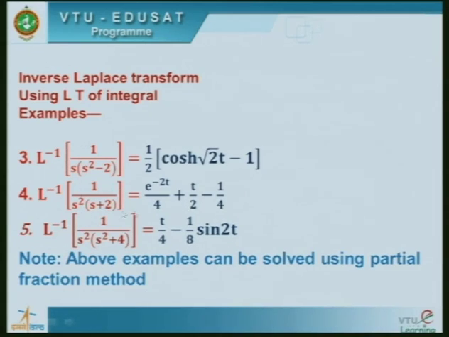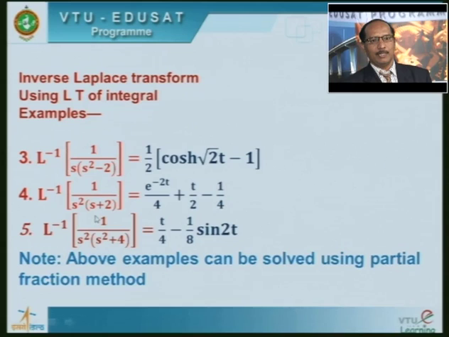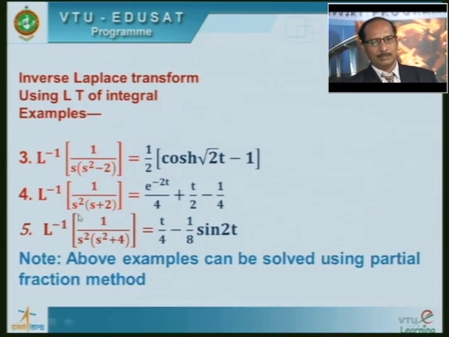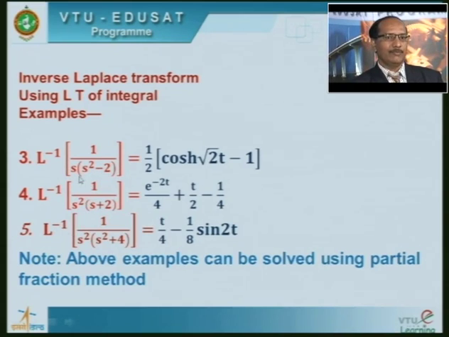Then you consider that as f of t, and then F of s is equal to another problem, 1 upon s plus 2, divided by s. You apply the formula 2 times because of s square, these two examples 4 and 5. Otherwise, you can always refer to the partial fraction method.